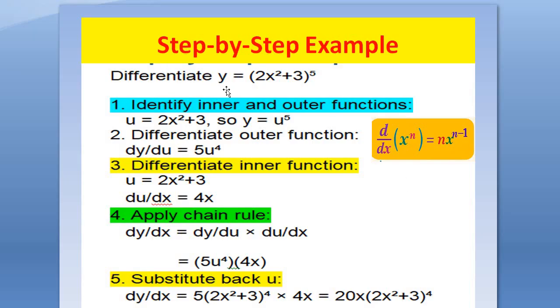Now we have to differentiate this function y is equal to (2x square plus 3) to the power 5. First identify the inner function and outer function. We suppose the inner function 2x square plus 3 is u. So our y is equal to u power 5. It means we have replaced 2x square plus 3 by u, so we have u power 5. First we differentiate the outer function.